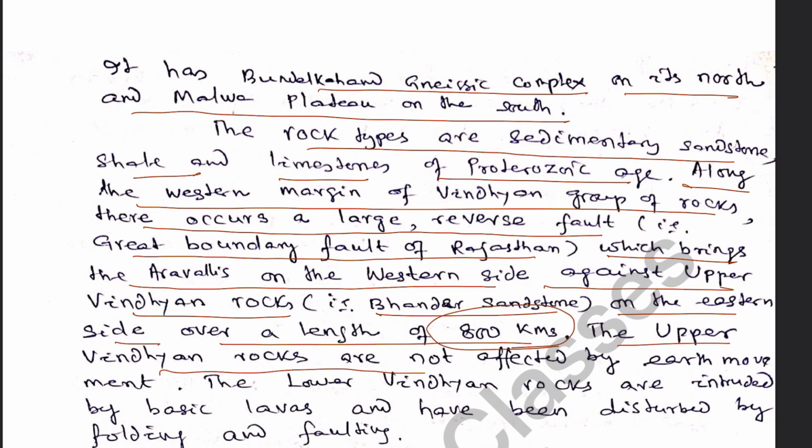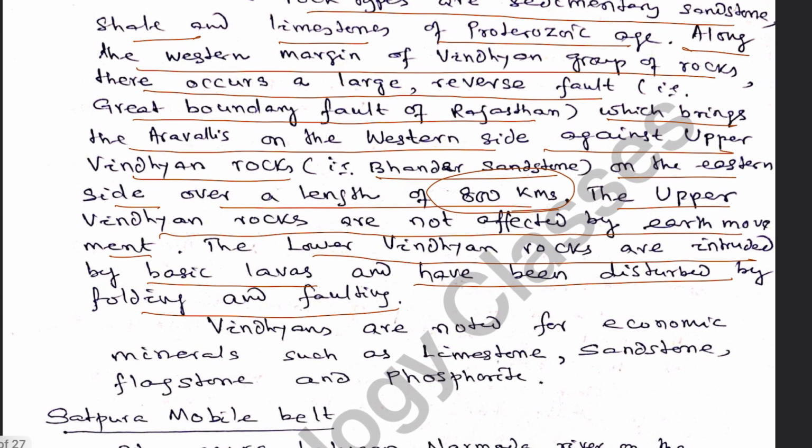The upper Vindhyan rocks are not affected by earth movements. The lower Vindhyan rocks are intruded by basic lavas and have been disturbed by folding and faulting. So upper Vindhyans are not found to be disturbed. Vindhyans are noted for their economic minerals such as limestone, sandstones, flagstones and phosphorite.